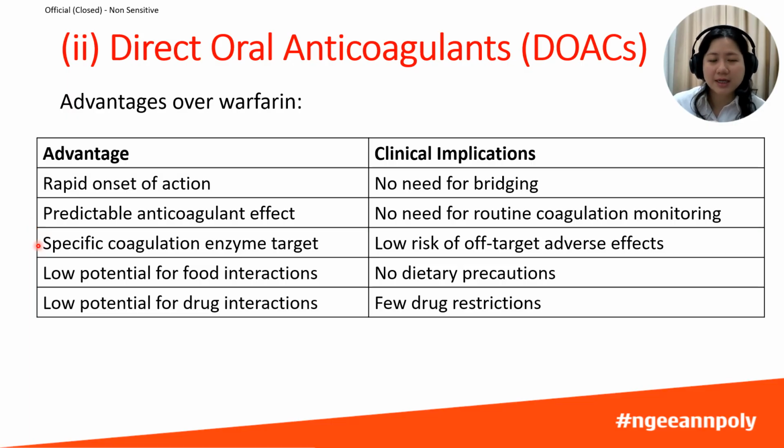Each drug targets a specific coagulation enzyme, hence there is low risk of off-target adverse effects. These drugs also have low potential for food interactions, therefore there are no dietary precautions unlike with warfarin. And there are also fewer drug interactions, which then result in fewer drug restrictions while the patients are on this therapy.